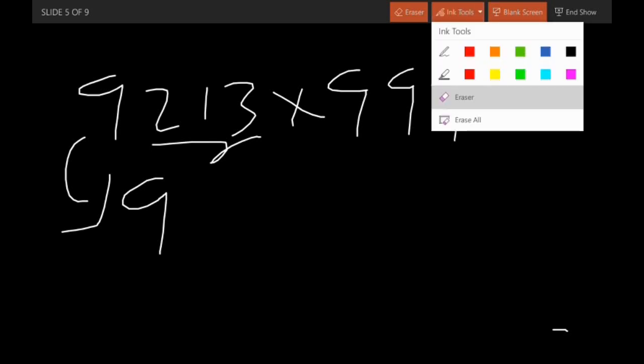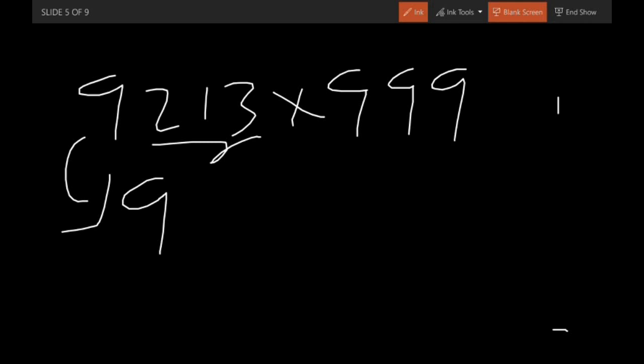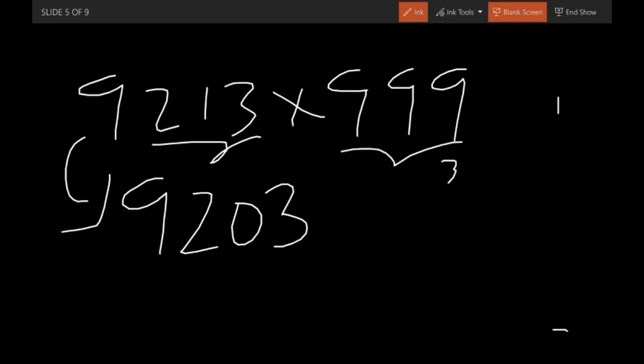Now we have got 213 minus 9 plus 1, which is 10. So 213 minus 10 is going to be 203. Okay, so 9203. Now the third step is that here we have 3 digits, right? What I have said is we have to count from this direction. So this is 1, this is 2, this is 3.